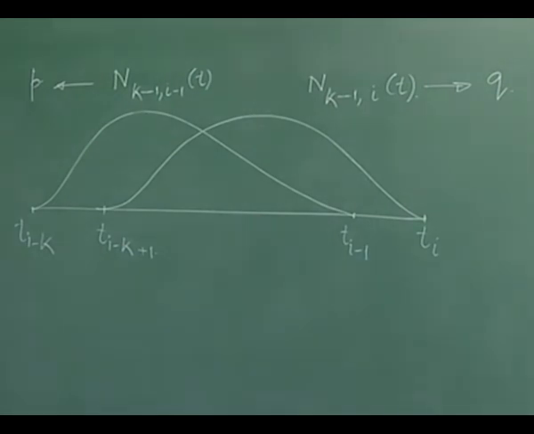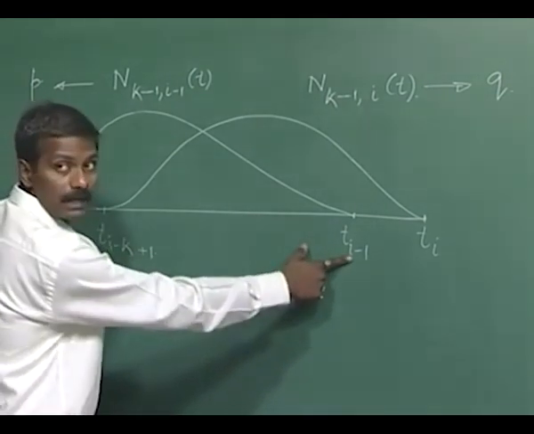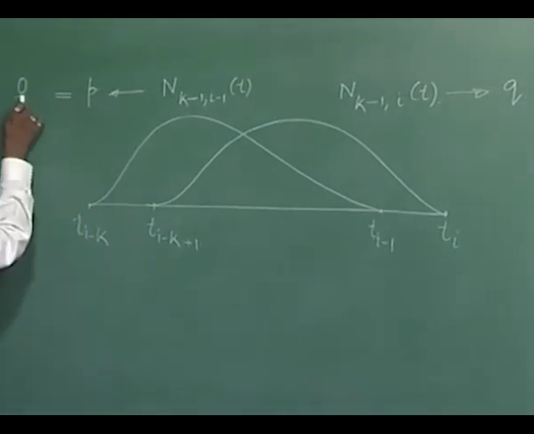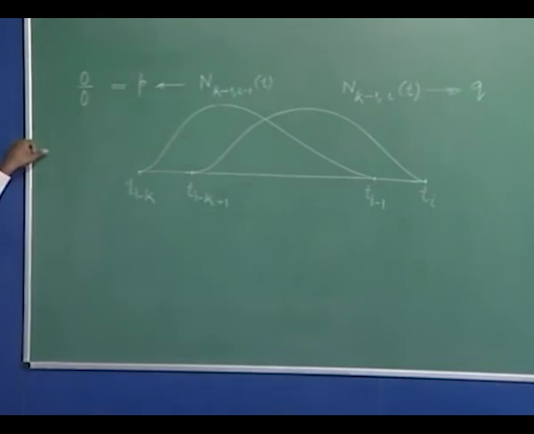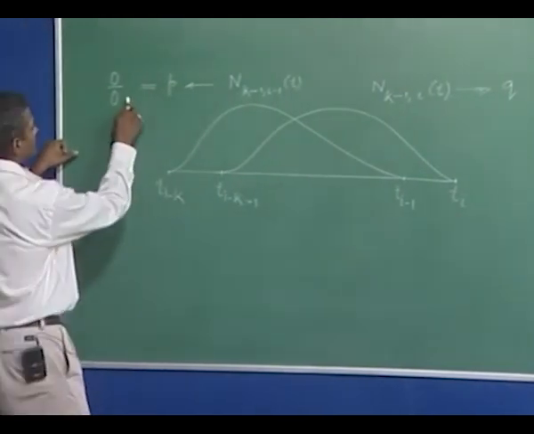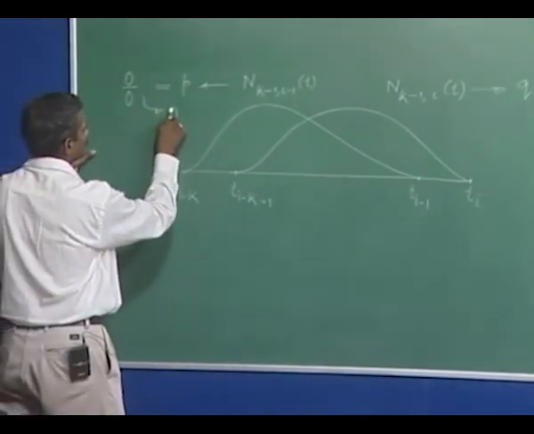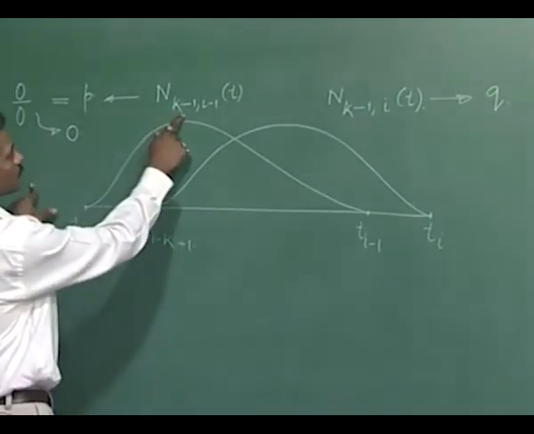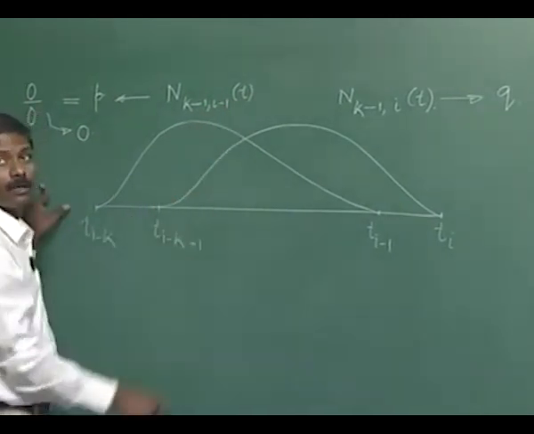In case of multiple knots, when Ti minus k plus 1, and so on up till Ti minus 1 are all equal, and in case t is equal to this knot value, if you look at the expression for p, p will be taking the 0 over 0 form. By convention, we assume that this is 0. For all the other values of t, N k minus 1, I minus 1 of t will be 0.